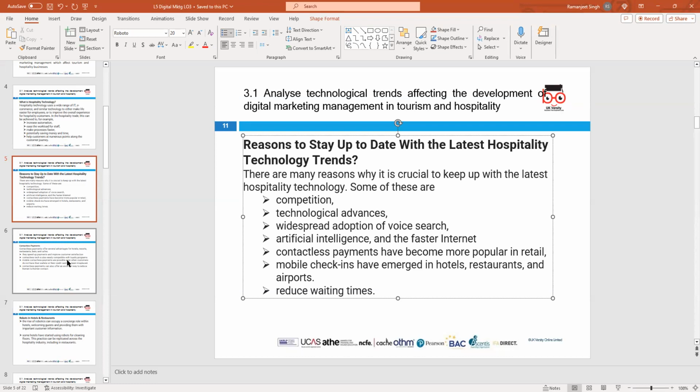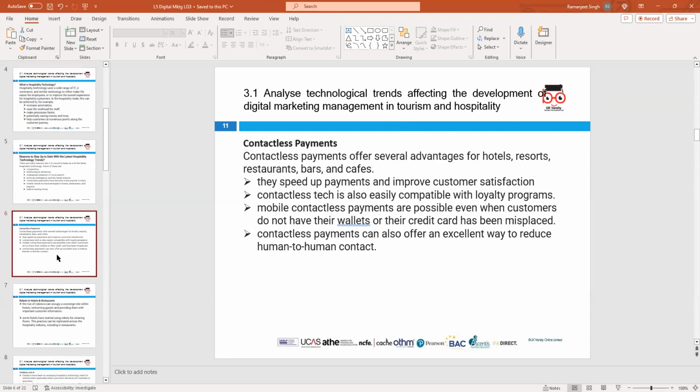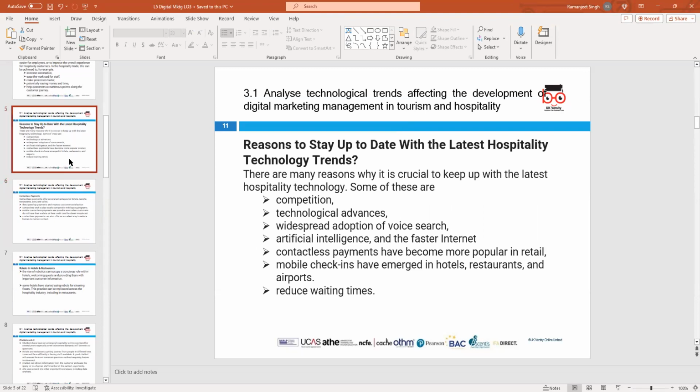People are carrying less and less cash, and the introduction of technologies has created competition, so they want to stay ahead of the game, to get the competitive edge, and it reduces a lot of time. Faster payment reduces a lot of time.